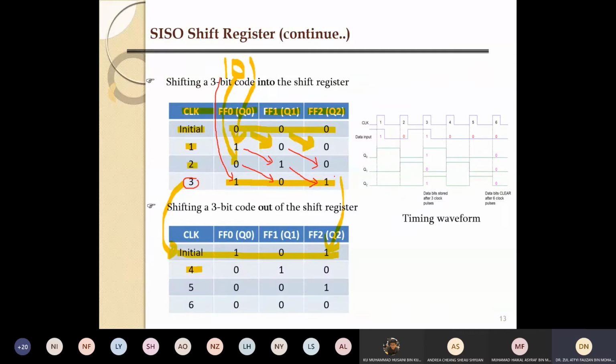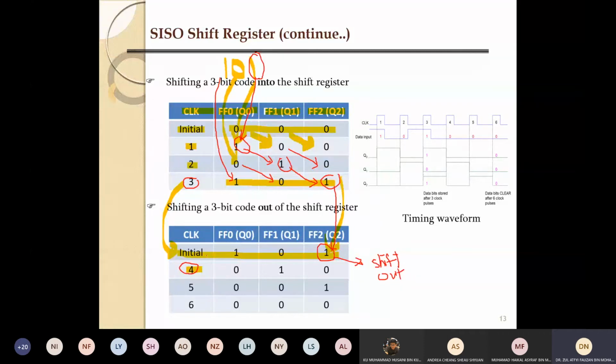is this one, which came from here, and here, and here. This bit is shifted out during the fourth clock.